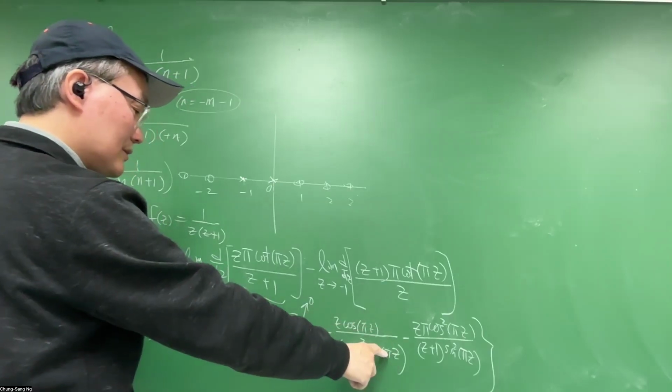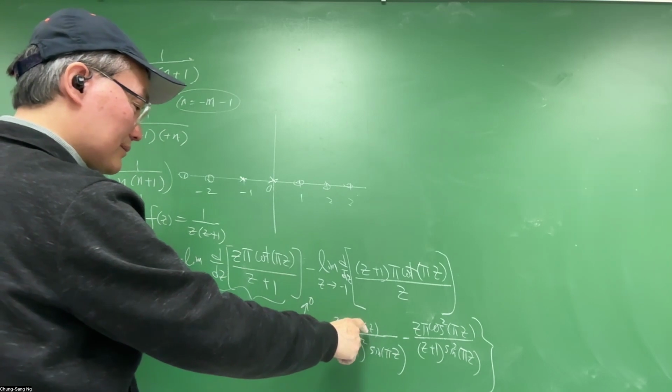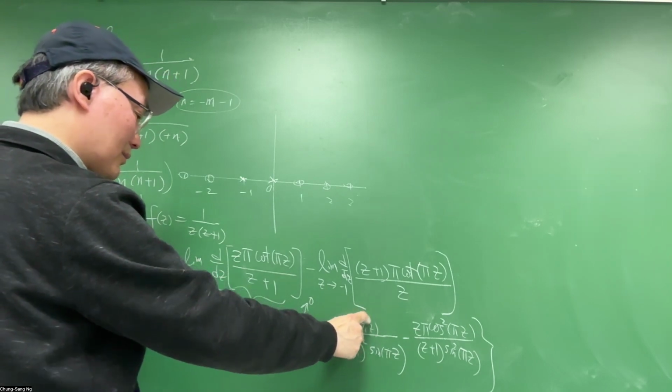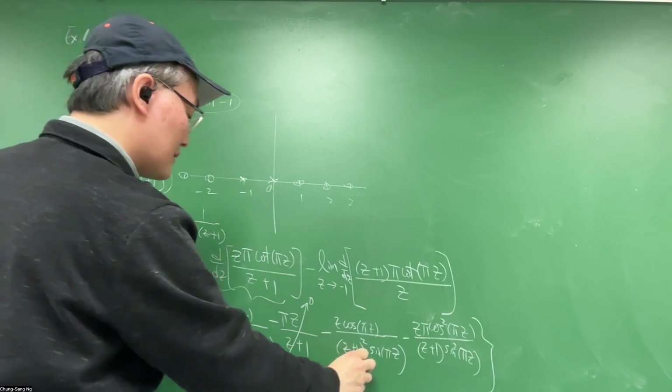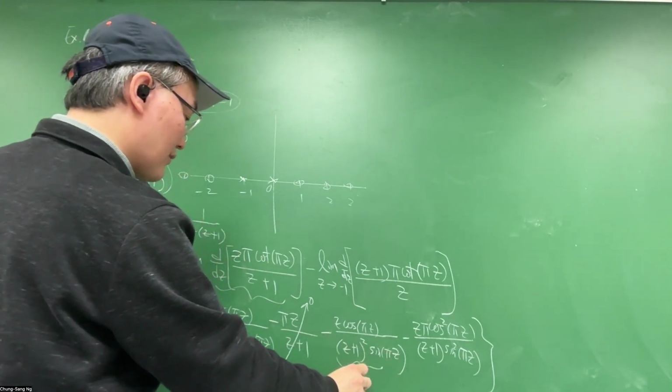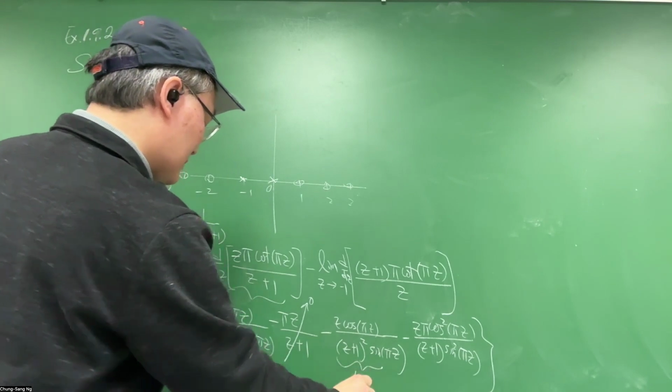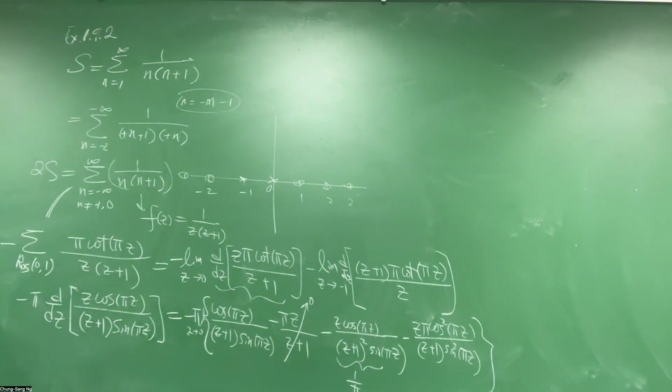The z's cancel, and cosine pi 0 is 1, and this is 1. So this is 1 over pi, right? 1 over pi.